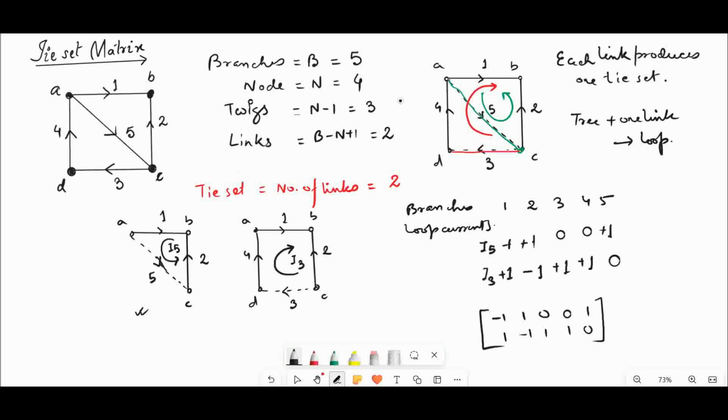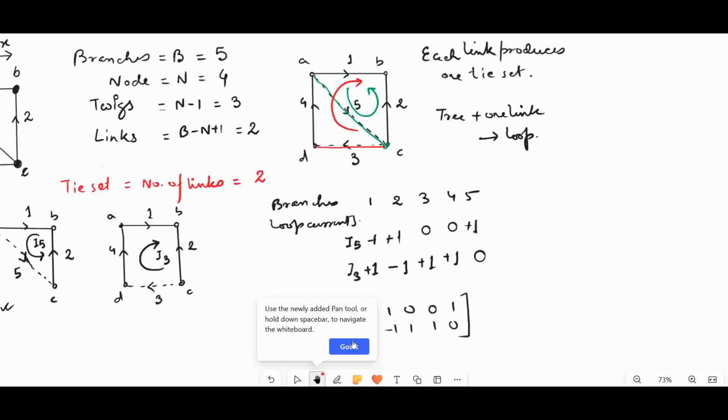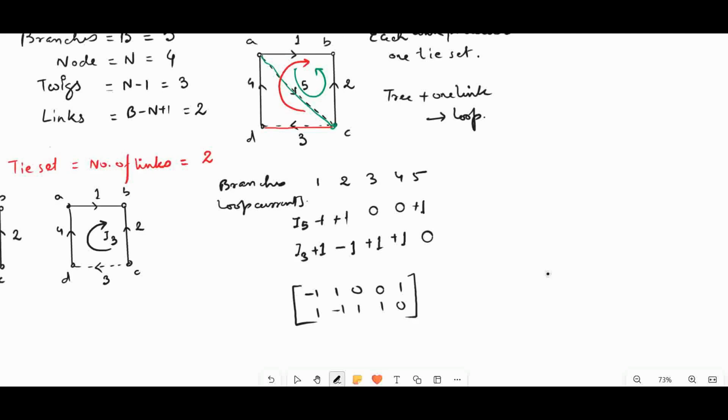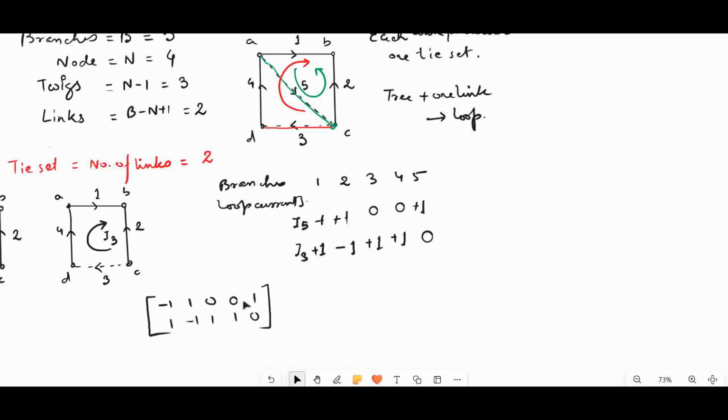Now from this Tieset matrix, we can determine the branch current and loop voltage. So let us see how we can determine branch current and loop voltage. So in order to determine the branch current, we will be requiring to determine for branch current 1, 2, 3, 4, 5.